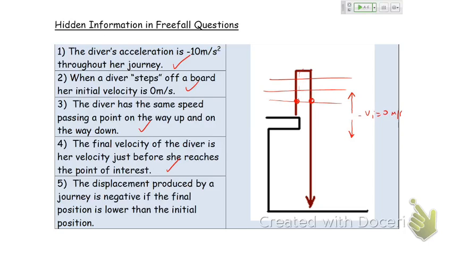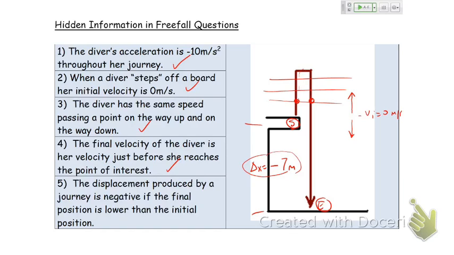The displacement for this journey is minus 7 meters, because she ends lower than she starts. Final address minus initial address is negative. So watch out for that.